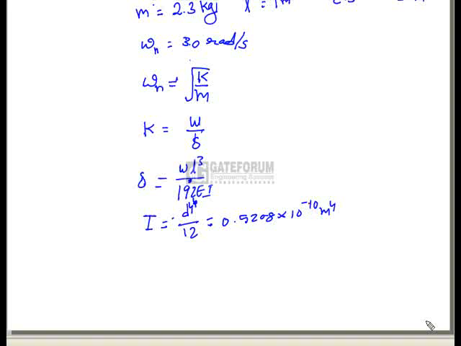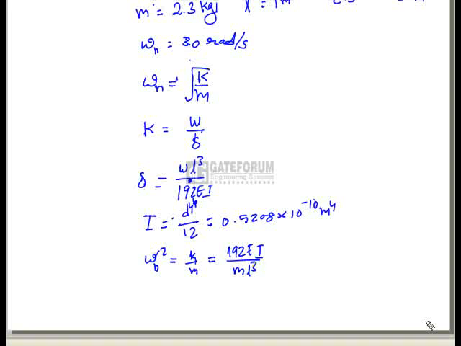Here from the equation, natural frequency omega n square is equal to k by m, and which is equal to 192 EI by m L cube, from the formula k is equal to W by delta.